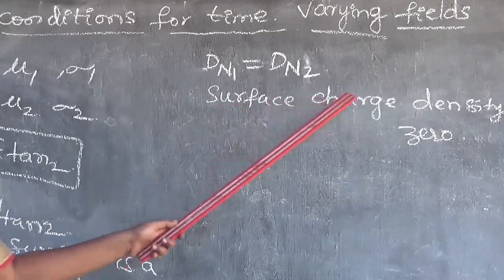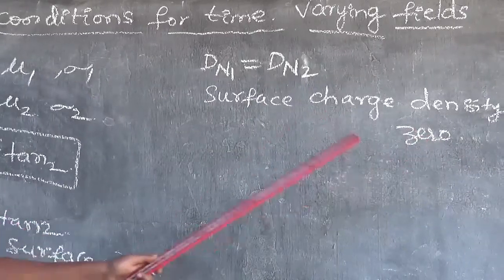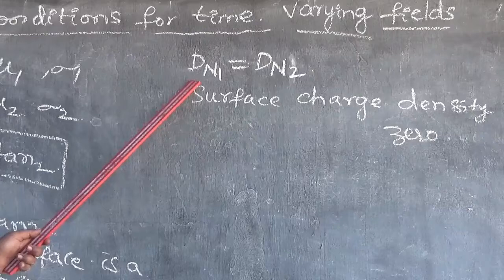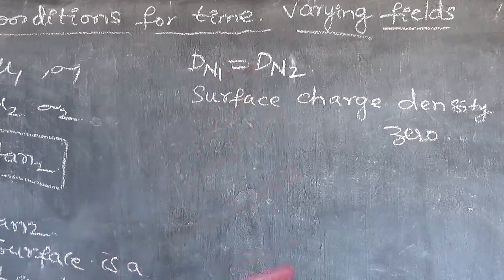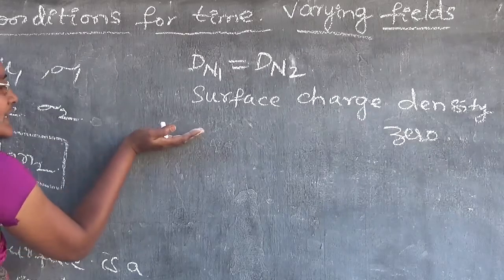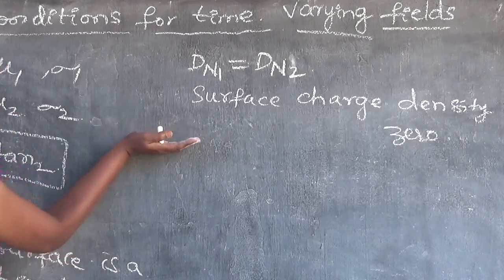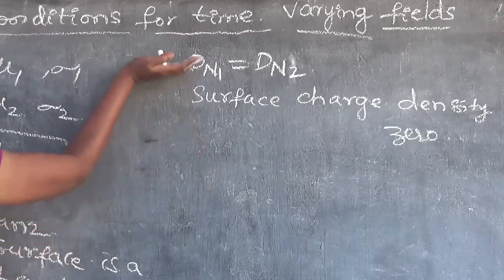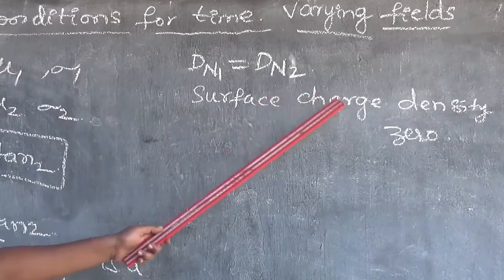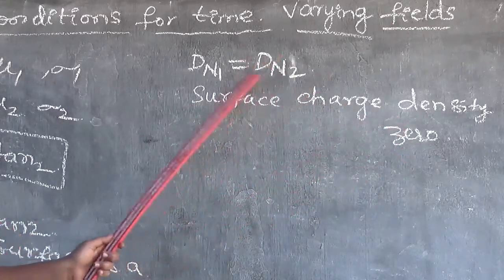When the surface charge density is 0, the normal component of the first medium's electric flux density will be continuous. So whatever normal component of the electric flux density is in medium 1, the same thing will continue in medium 2 also. So if the surface charge density is 0, this is the condition.